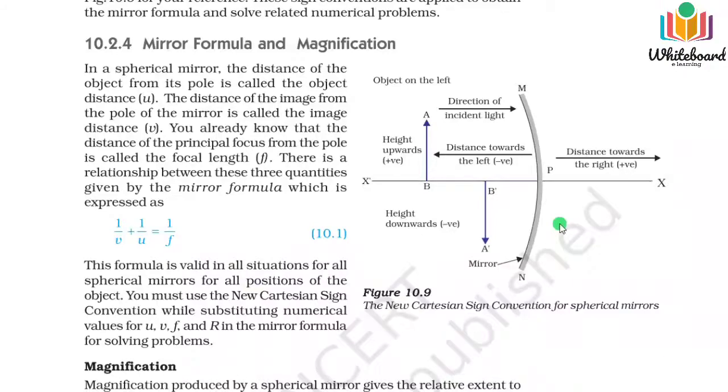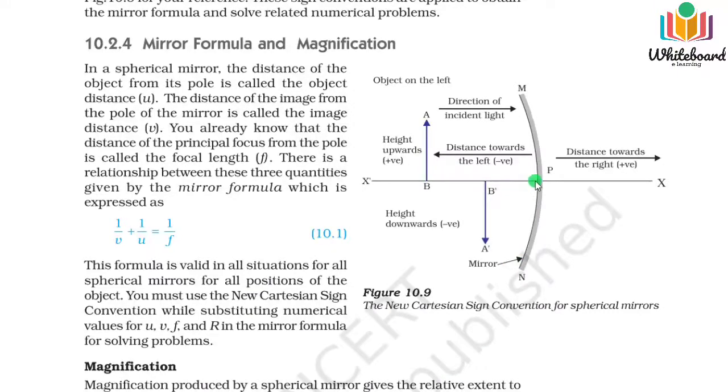So these things you have to remember from the Cartesian coordinate system: what is x-axis, what is y-axis, and what is the positive side of the x-axis, what is negative, and similarly with respect to the y-axis also. The object we have placed at the left hand side of the mirror, you can see.